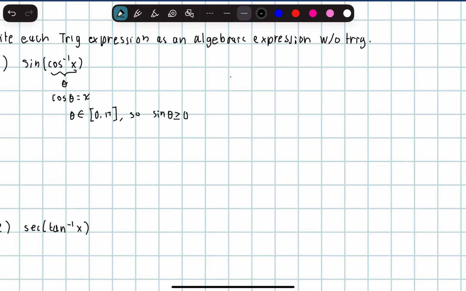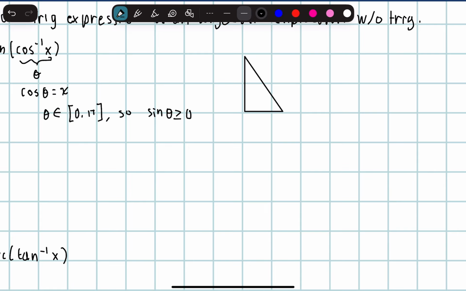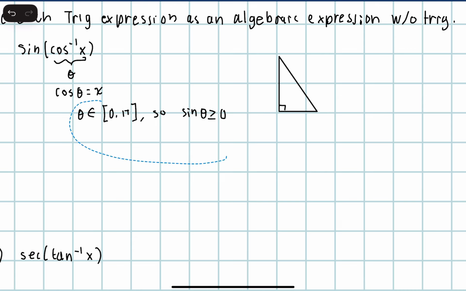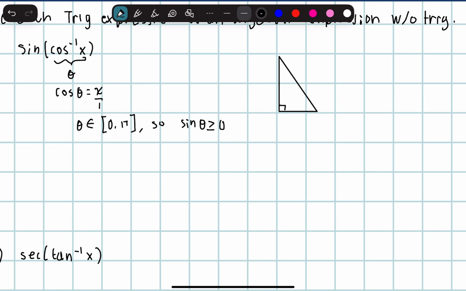And now, for these, you have to draw a triangle for your strategy. Now, you see that adjacent is going to be equal to x, and the hypotenuse is going to be equal to 1. That's adjacent, that's hypotenuse, and we're going to make this theta.